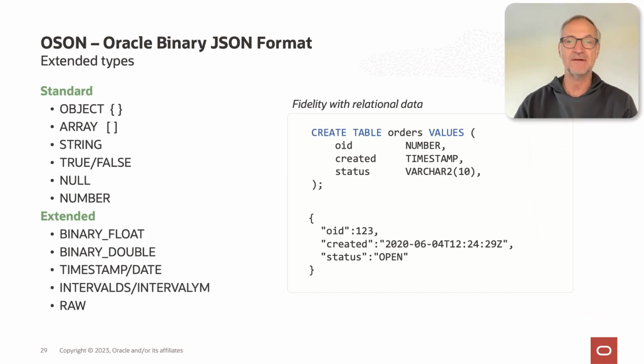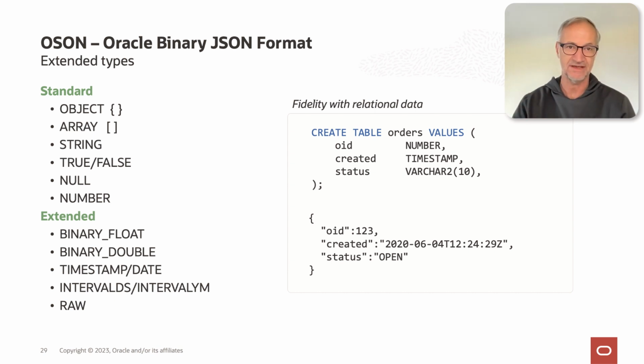And there's a couple of benefits that come with the native data type, right? With a binary JSON format, we all of a sudden have extended types. When you look at what JSON itself provides, JSON has a very, very small set of standard data types, which aren't necessarily reflecting what you're dealing with in a database.